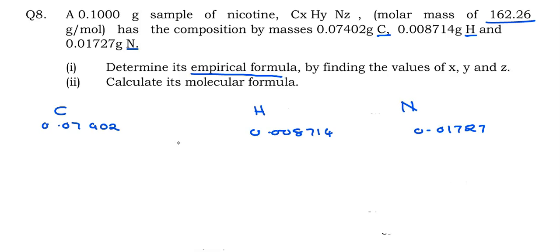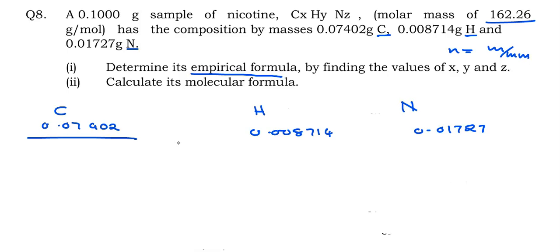Now we want to find the number of moles. We are going to divide by the molar mass, because we know that the number of moles is given by mass over molar mass. In our case, the molar mass is the atomic mass, since these are atoms, not compounds.